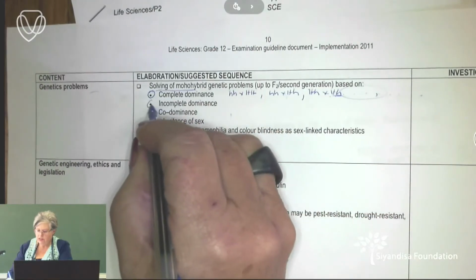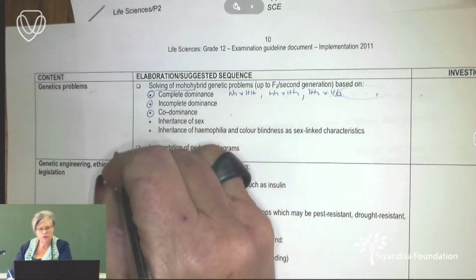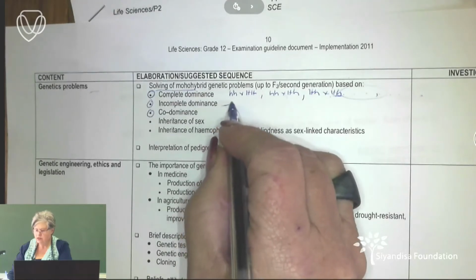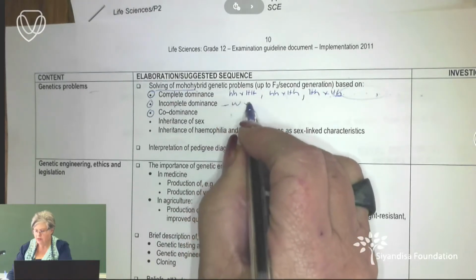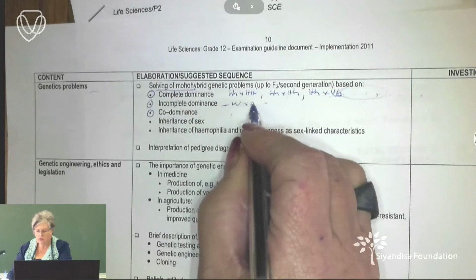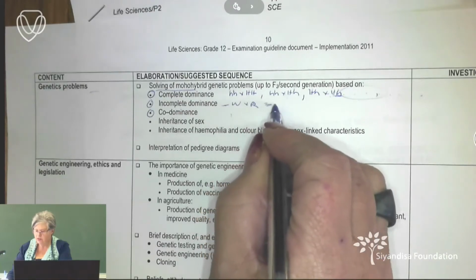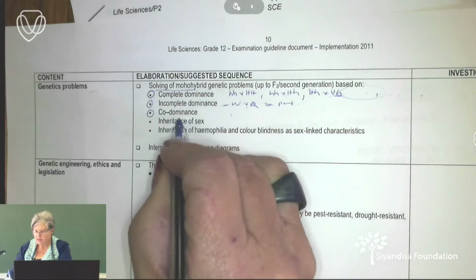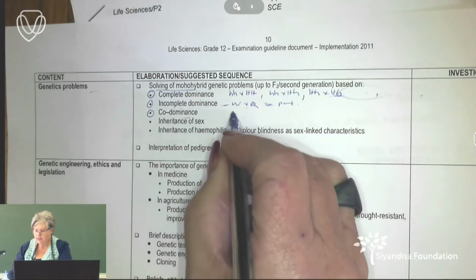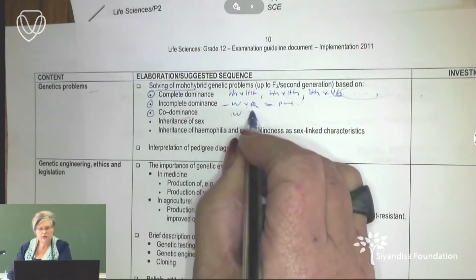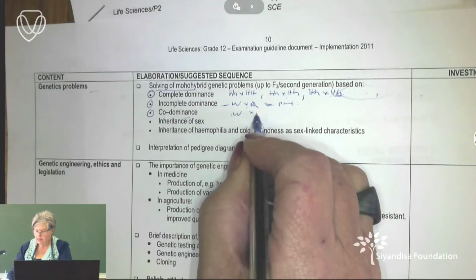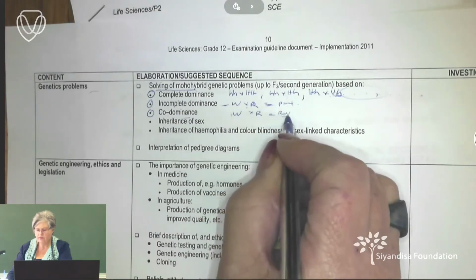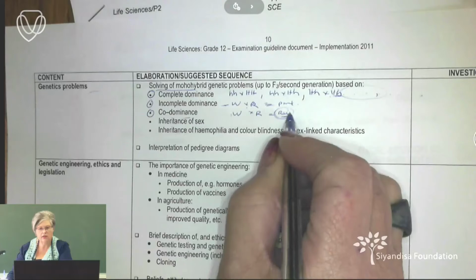Then we must do incomplete dominance and codominance. Incomplete dominance is where we cross a white flower with a red flower to give me a pink flower. Codominance is where I cross a white flower with a red flower and it gives me a flower with red and white color.